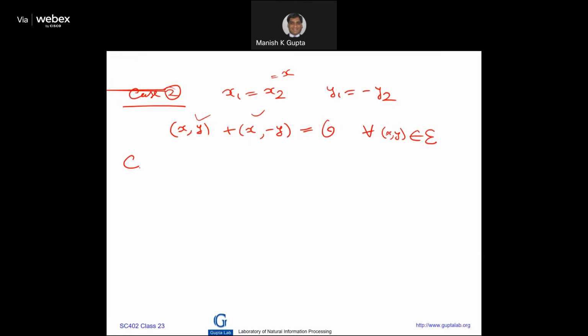And case 3 here, if P is a point x1, y1, and we want to add P to itself. Okay. So here we can assume that y1 is not equal to 0, because if y1 is equal to 0, we will have case 2.